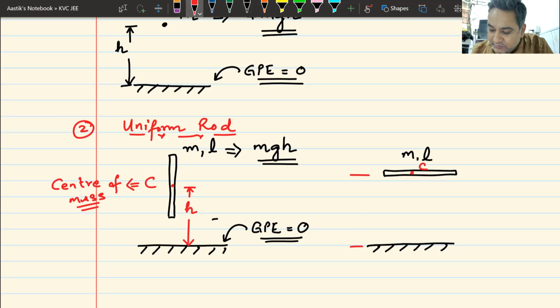Now, all the points would be at the same height. Do we understand this? The rod is horizontal. All the points would be at the same height. What would be the potential energy of this rod now?